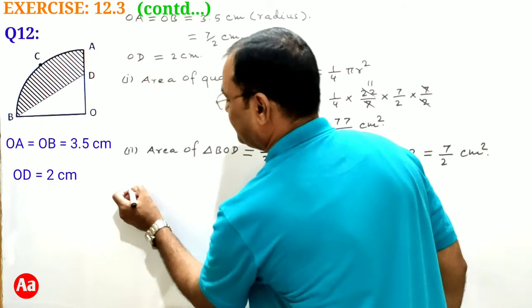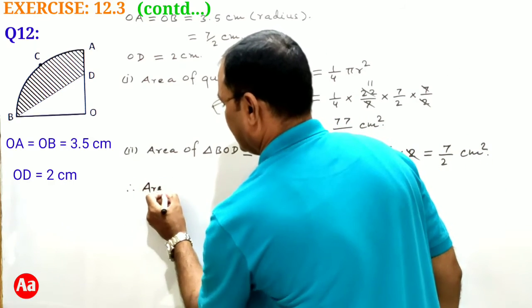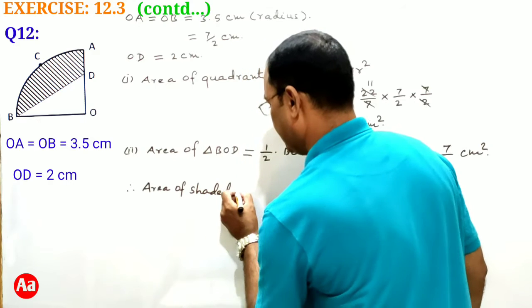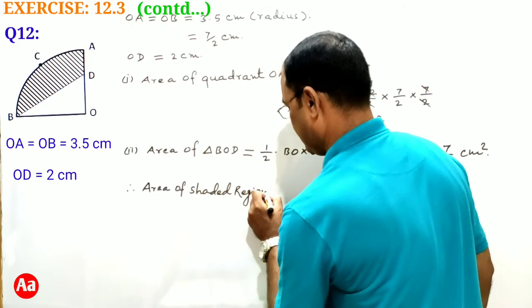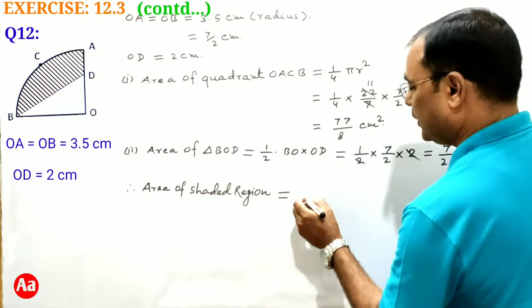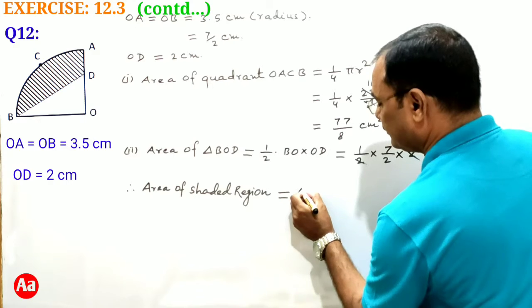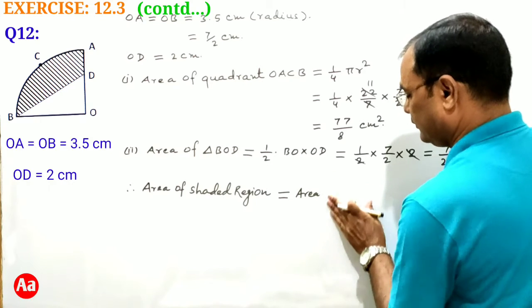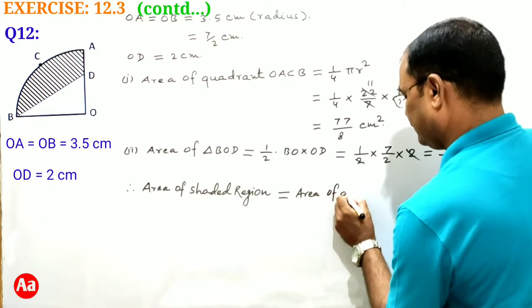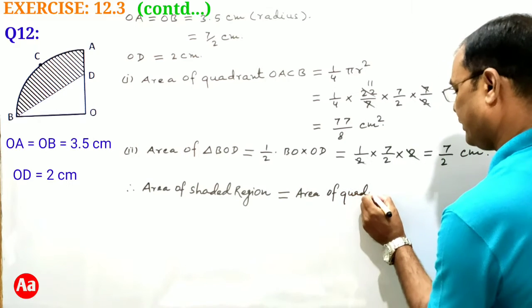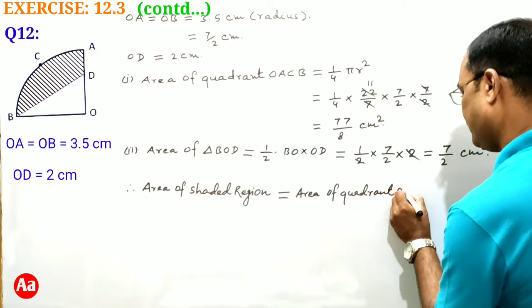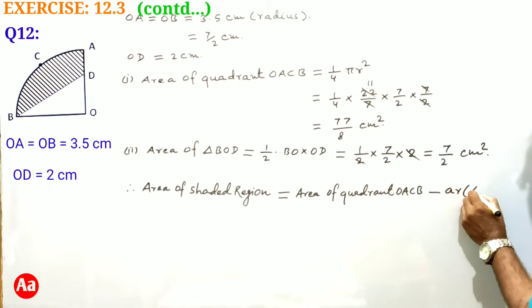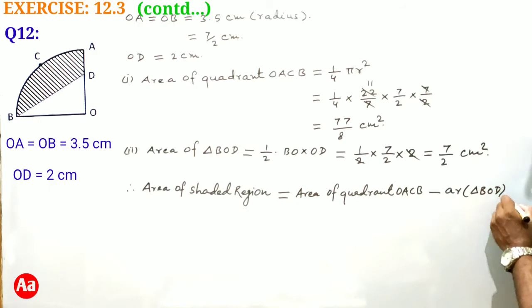So therefore, the area of the shaded region is equal to the area of quadrant OACB minus the area of triangle BOD.